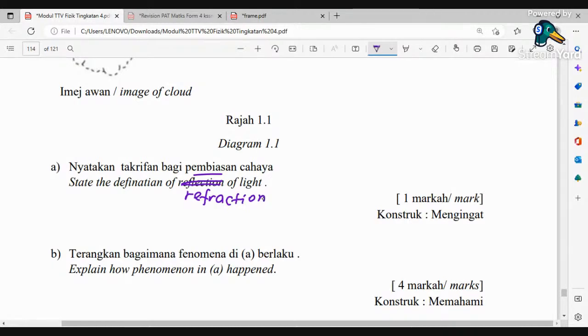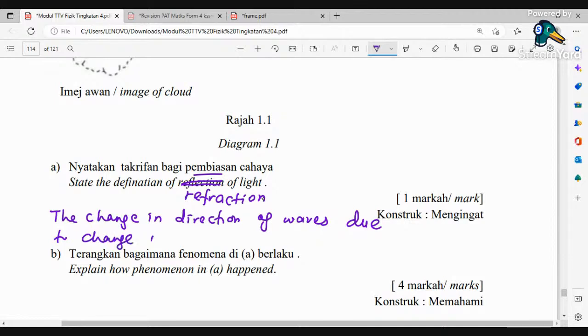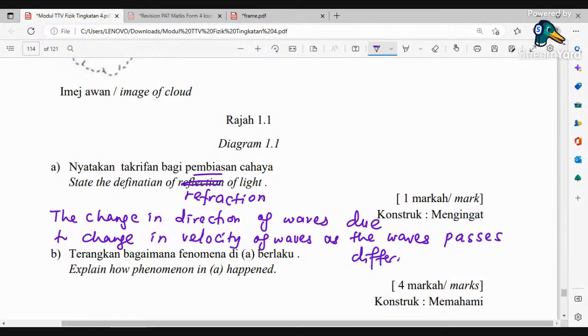Okay, so you all will tulis, the change in direction is due to change in velocity atau speed of wave as the wave passes different density.